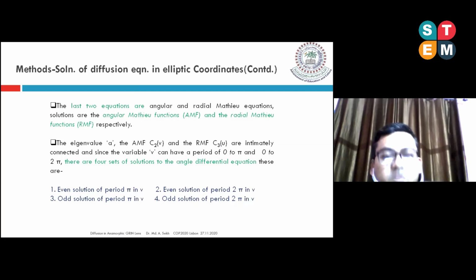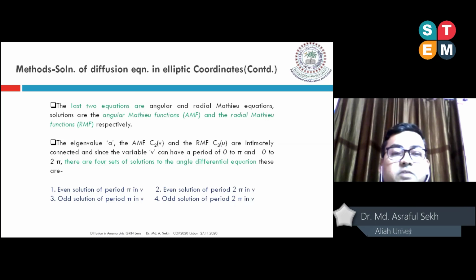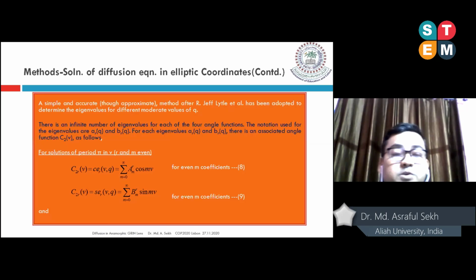Some help was taken from McLachlan's book, a very old book from 1958, where we took help from these functions and tried to develop the solution.